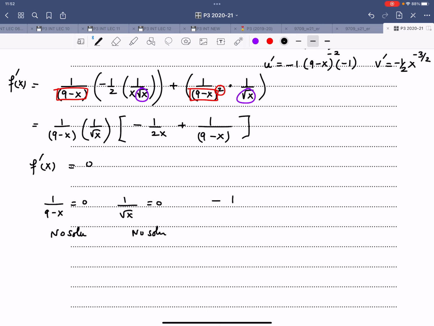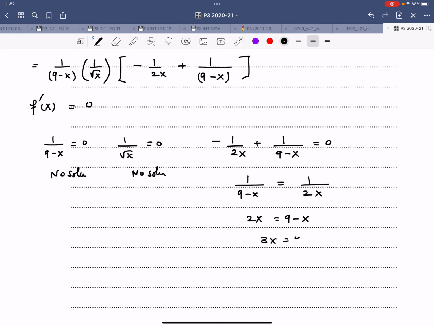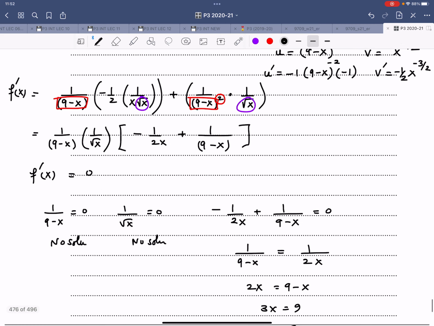Minus 1 over 2x plus 1 over 9 minus x equals 0. 1 over 9 minus x is equal to 1 over 2x, cross multiply, 2x is 9 minus x, 2x plus x, 3x is equal to 9, so you get a straightforward answer, which is x is equal to 3. They're asking for the x coordinate, so this thing is done.